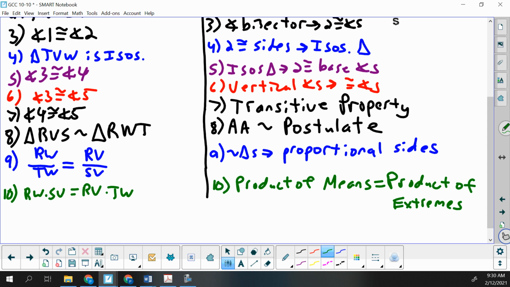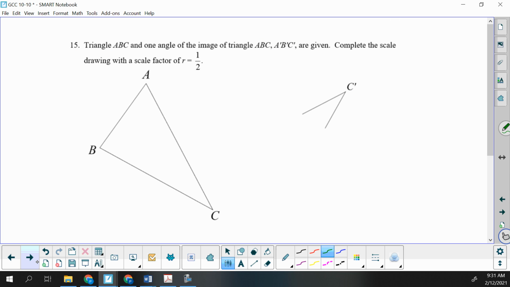So that's it for the proof ones. We'll see some of those on the homework assignment. We're now going to look at some construction ones.